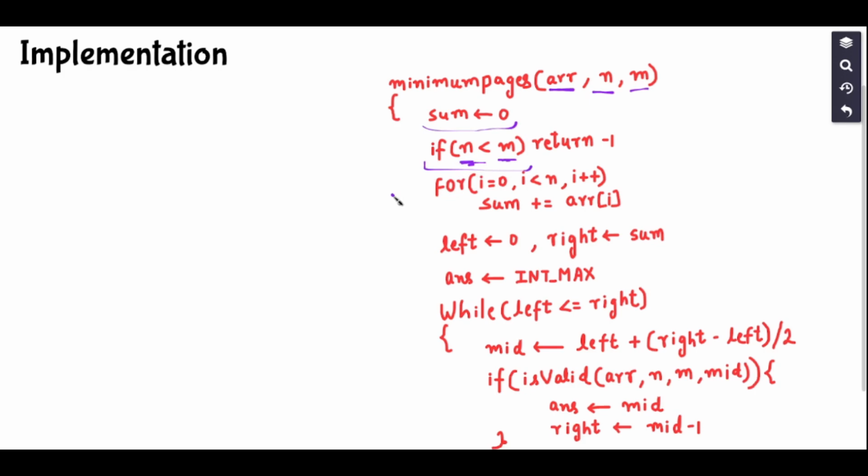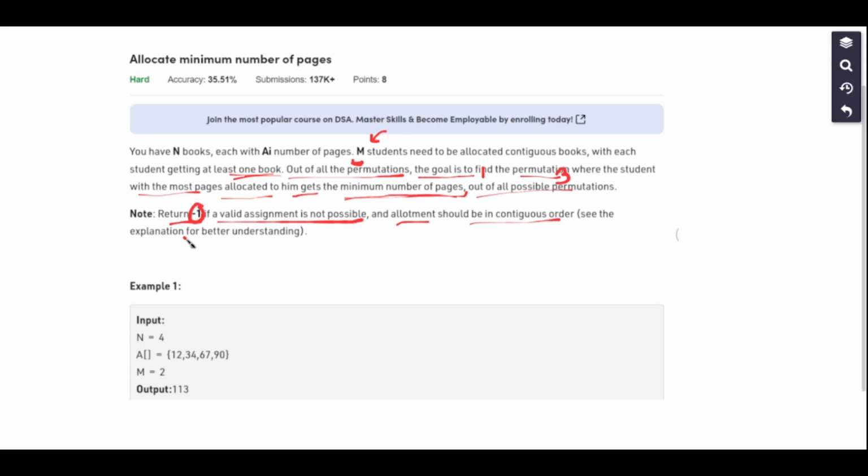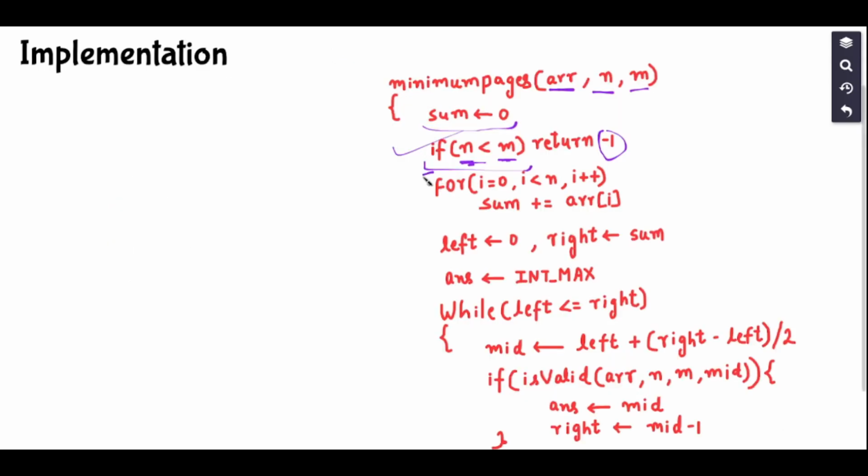In that case, we would have students left without books allocated to them, so I would return -1. This condition is given in the note of this problem statement, and that's what I'm handling here. Then I add the pages of all the books into this sum variable, and initialize our boundaries: left to 0, right to this sum, and answer to a very large value.